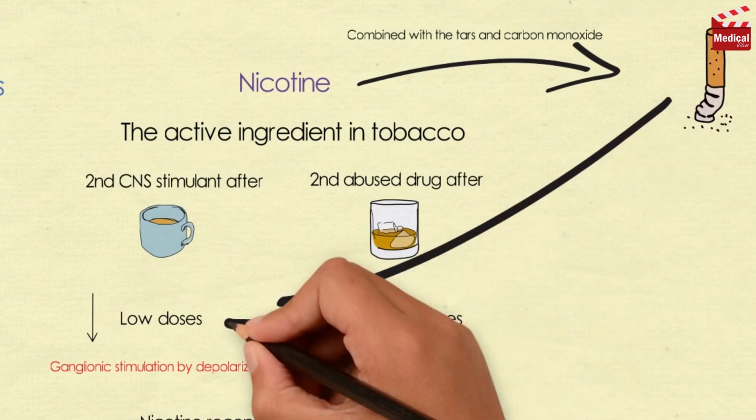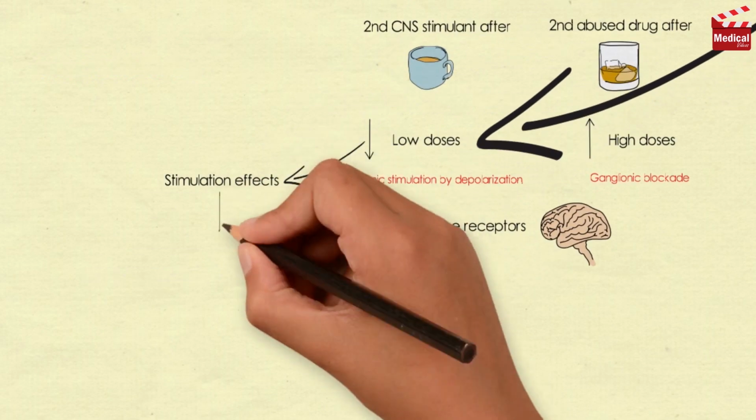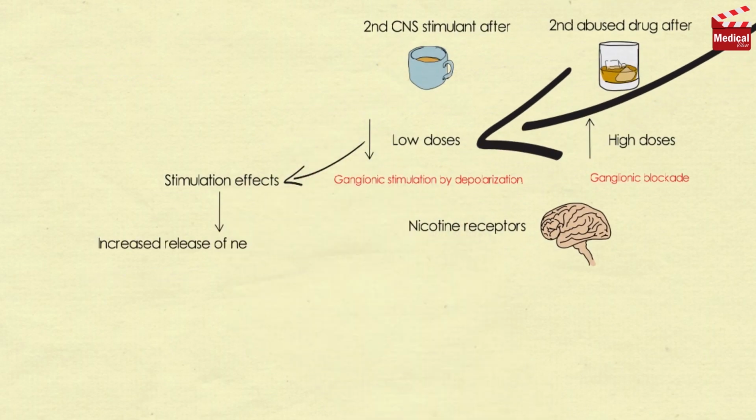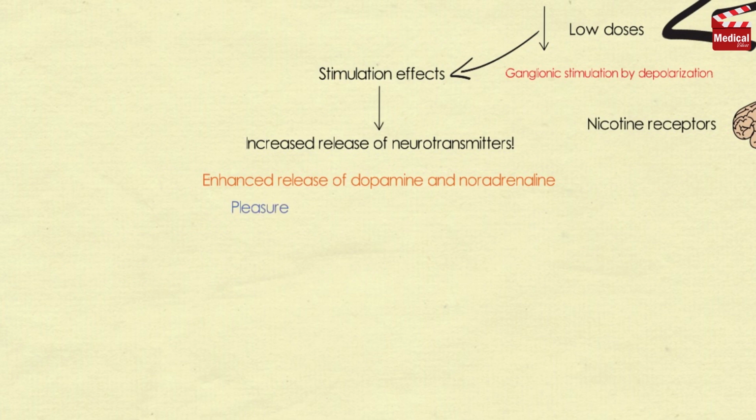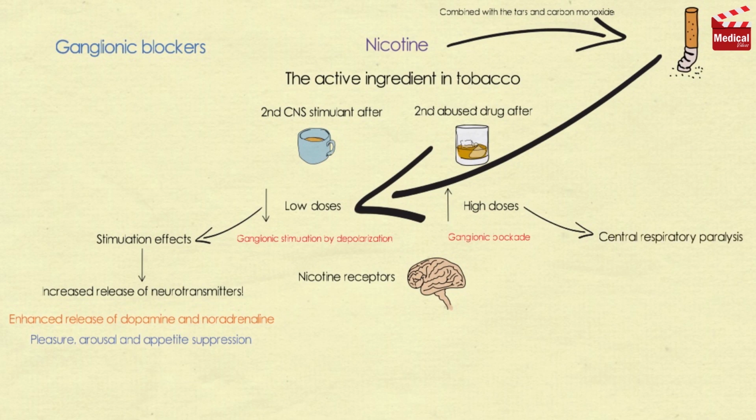Cigarette smoking or administration of low doses produces stimulation effects that result from increased release of neurotransmitters. For example, enhanced release of dopamine and noradrenaline may be associated with pleasure, arousal and appetite suppression. High doses of nicotine result in central respiratory paralysis.